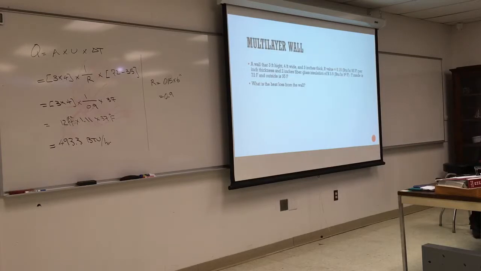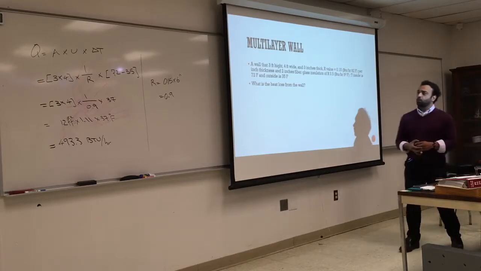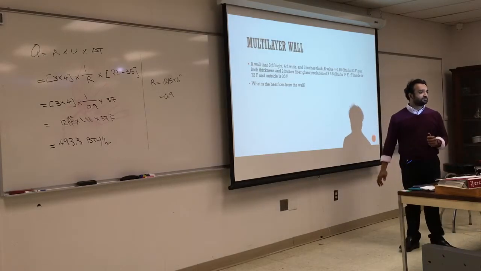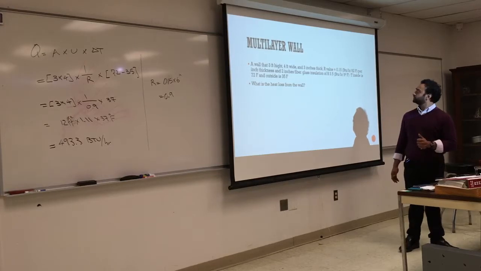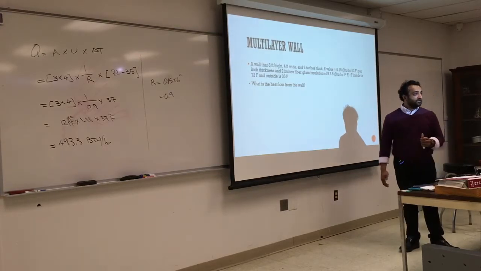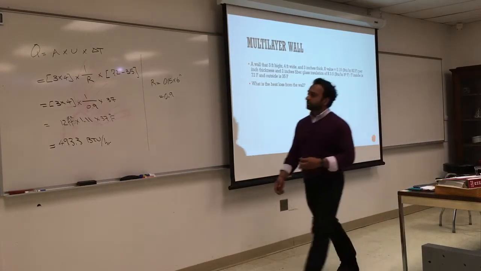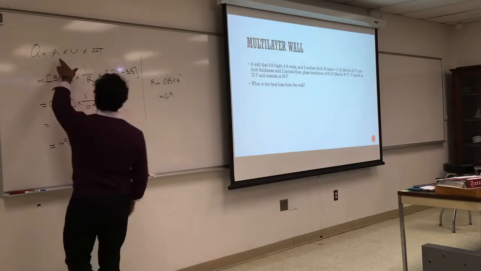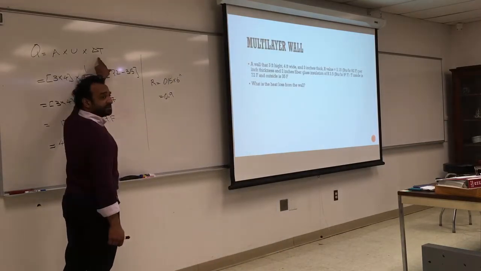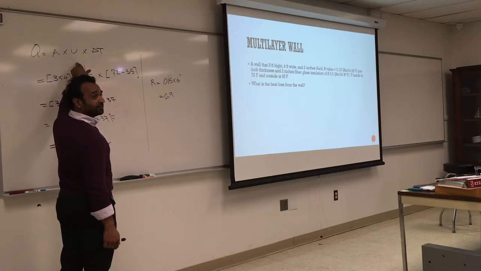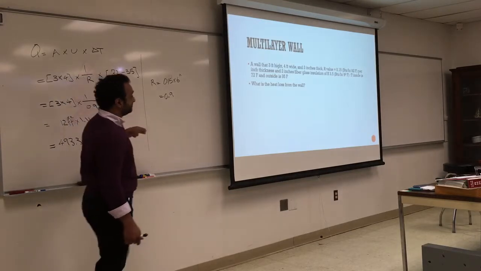Okay. Same example here. Now I'm adding insulation. So what will change in that equation? If I'm just adding insulation, which part? Oh, you're just putting two R values. Yeah, so this is going to be the same. This is going to be the same. I'm only changing the U factor, which is the insulation.